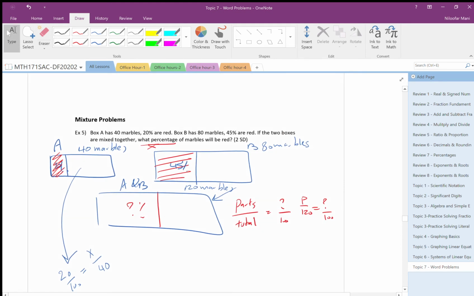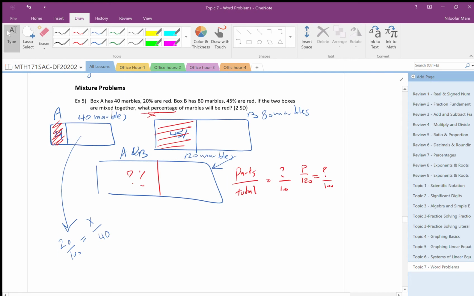So I have to define it. Let x be the number of red marbles in box A, and let y be the number of red marbles in box B. So maybe I can write it this way: 20 over 100, how many over 40?